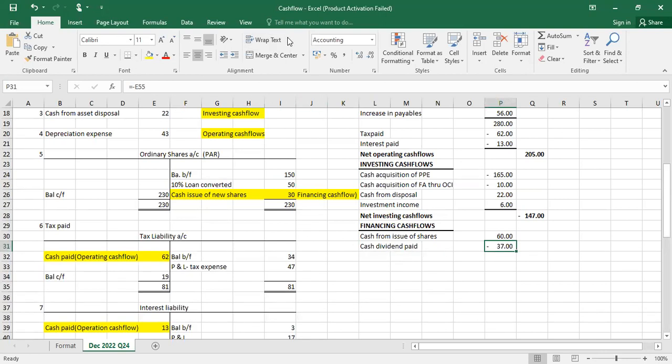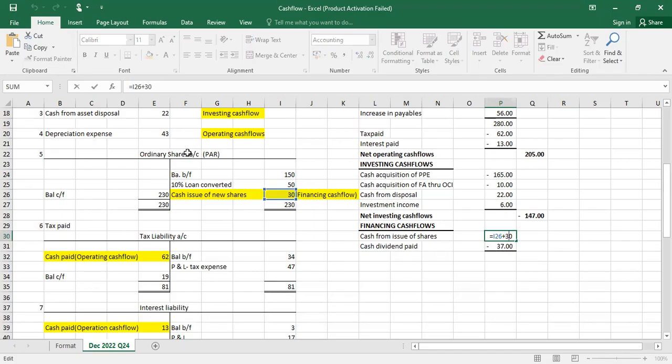Yes, Maureen, you have raised up your hand. Oh, I have a question. Yes. How did you get 60 from cash, your cash issue of new shares? It was 30 for the ordinary shares at par, yeah? When you check the share premium, did the share premium change? It also changed by 30. So that means we issued shares at a premium.